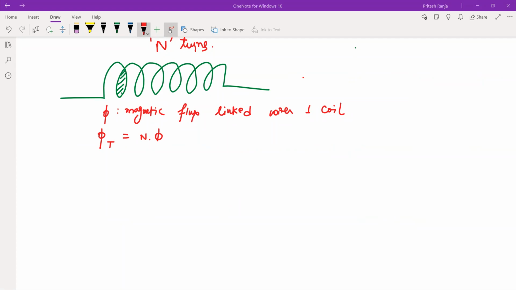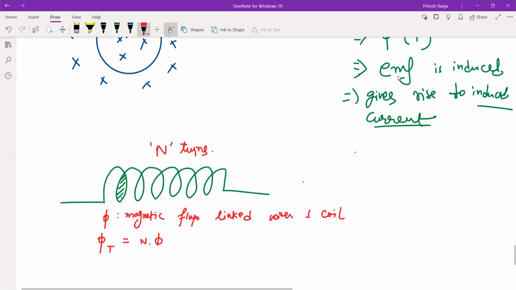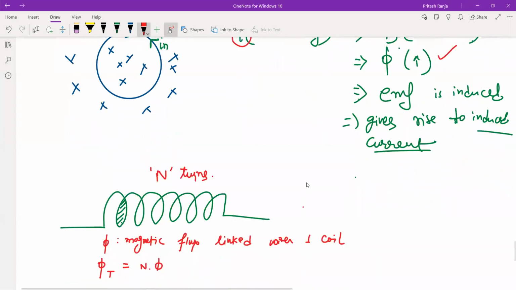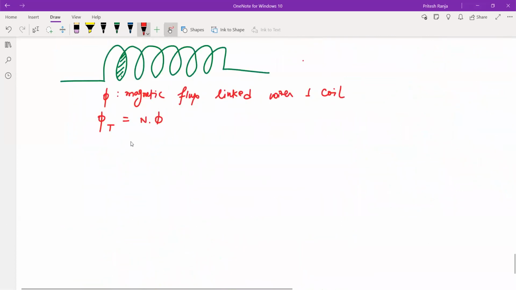So what we have observed in this case is that if current is increasing then flux is also increasing, right? If current is increasing, flux is also increasing. We can say that flux which is produced is directly proportional to the current.